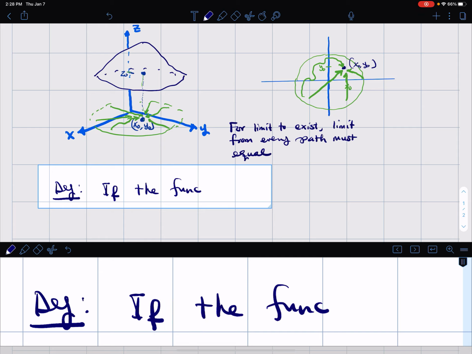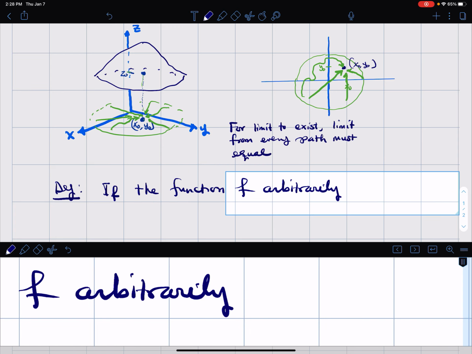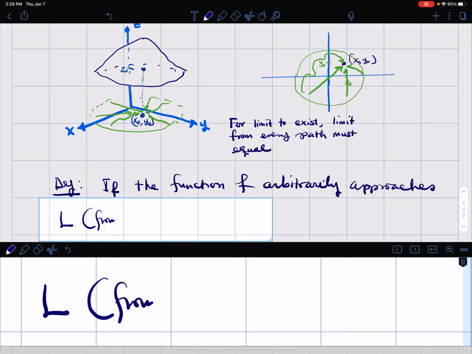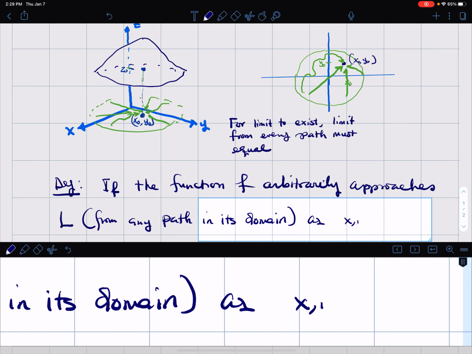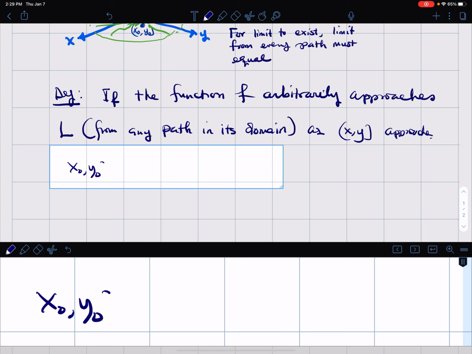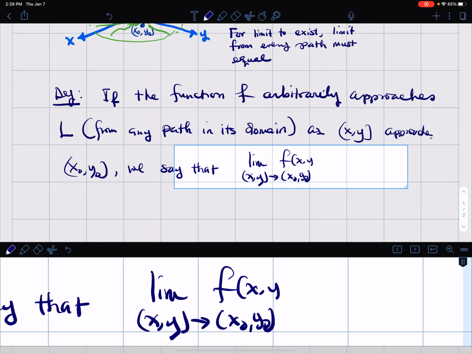So if the function f arbitrarily approaches L from any path in its domain, as xy approaches x naught, y naught, we say that the limit as xy goes to x naught, y naught of f of xy is equal to L.